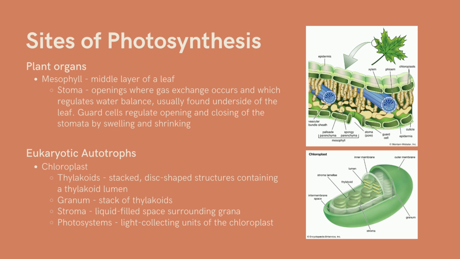Thylakoids are arranged in a stack called a granum, plural grana. Surrounding the grana inside the chloroplast, we have a liquid-filled space called stroma. Photosystems are the light-collecting units of the chloroplast. These are proteins in the thylakoid membrane organizing chlorophyll and other pigments into clusters.